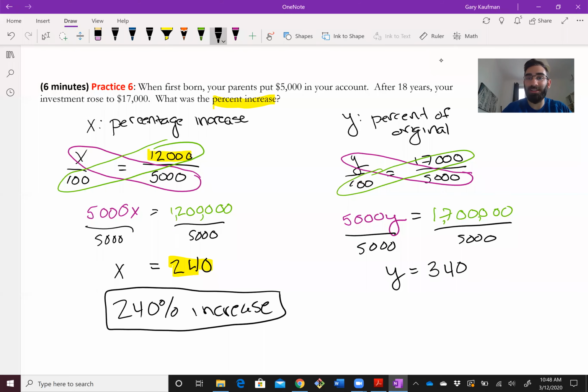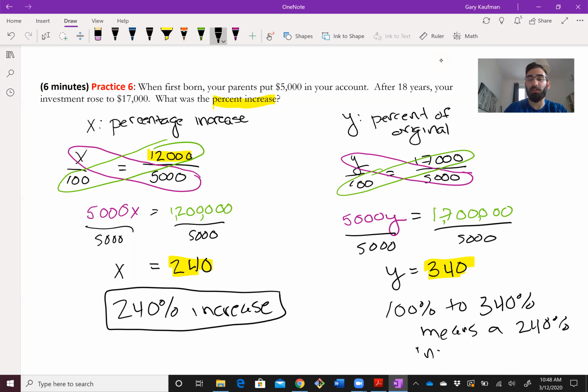If you put the 17,000 over 5,000, well, then you got 340%, which represents the compared to the original. Well, the original is 100%, so 340% means a 240% increase because we have to take away that original 100%. Either way, we get the same answer of 240% increase.